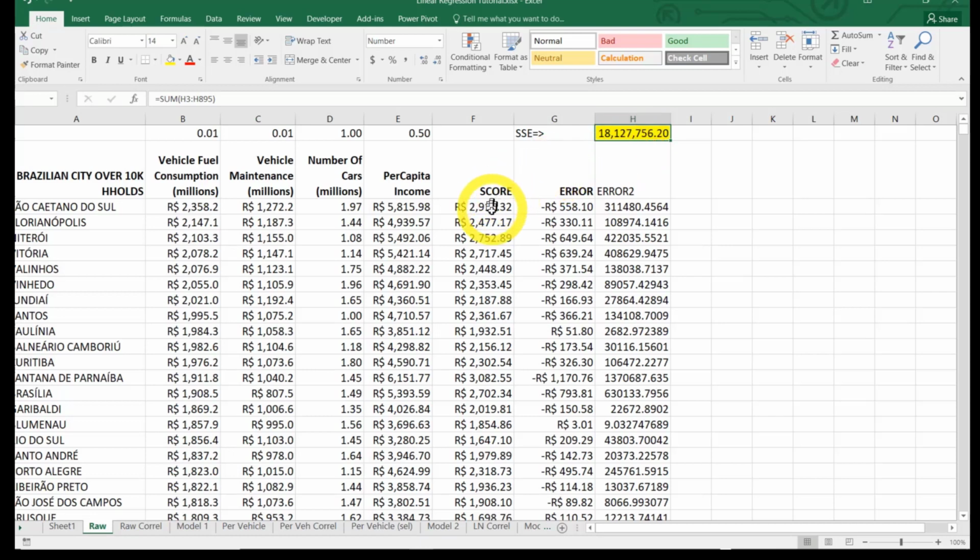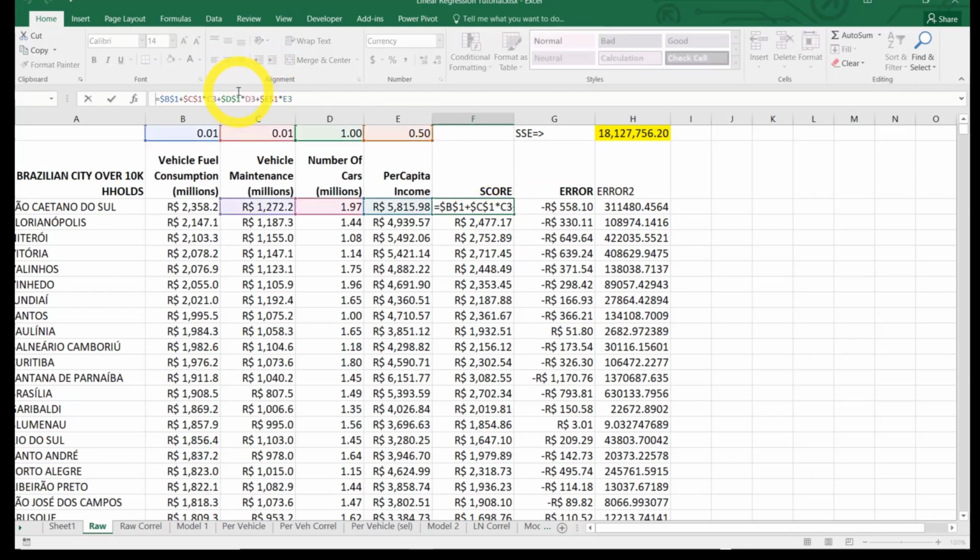I created a score. And again, what is the score? The score is the intercept B1 plus coefficient for vehicle maintenance C1 times vehicle maintenance in the city plus coefficient for number of cars, which is G1, times the number of cars in that city plus coefficient for per capita income E1 times per capita income in that city.